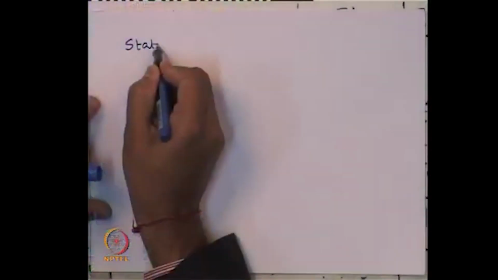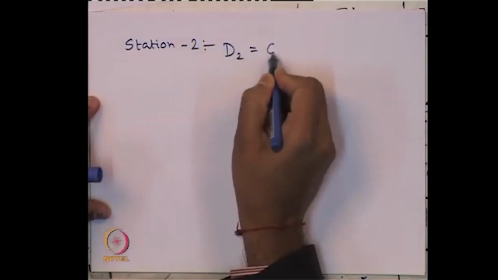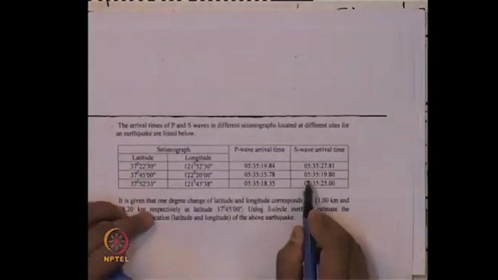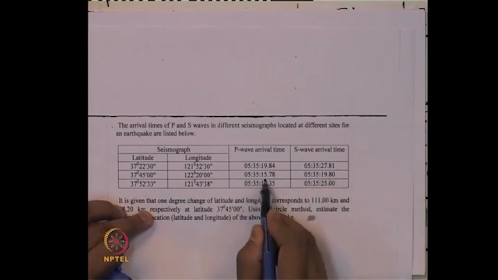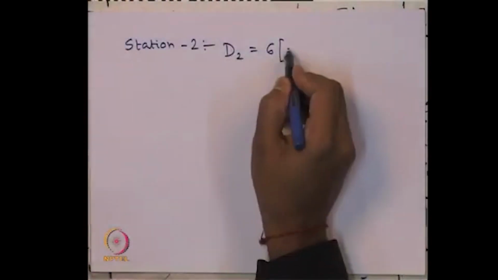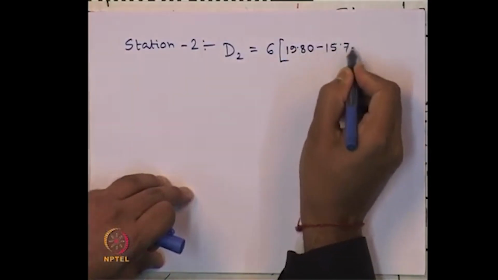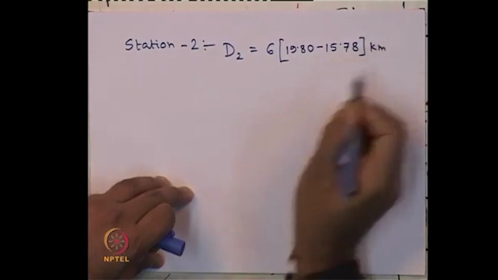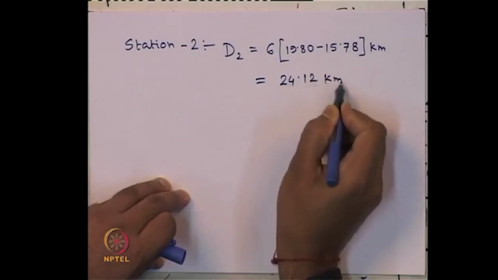Similarly, for the next station 2, the value of D2 will be 6 times. Let us now look at station 2. It arrives 5 hour 35 minute 19.80 second and 5 hour 35 minutes 15.78 seconds. So, there is a change in second only. So, we can put 19.80 minus 15.78, so many kilometers, which comes out to be 24.12 kilometer.